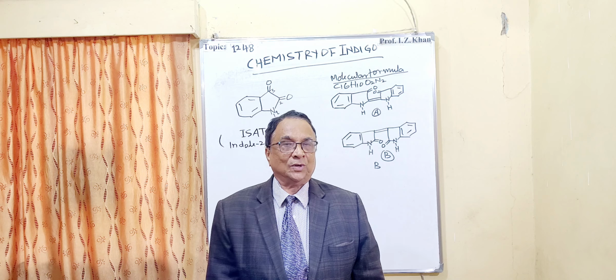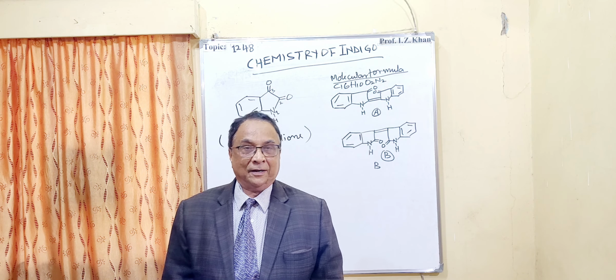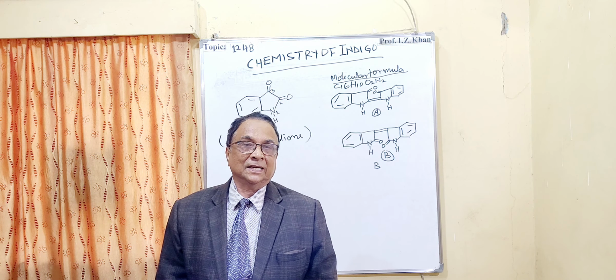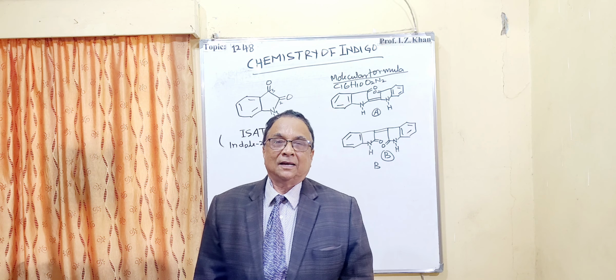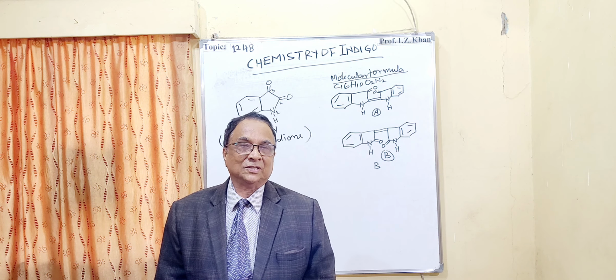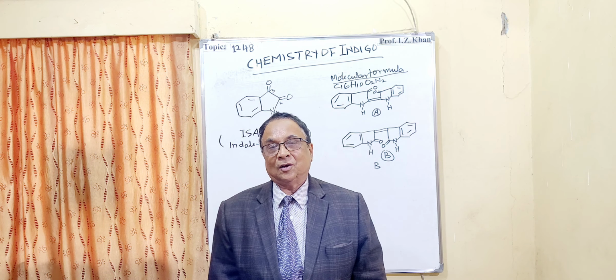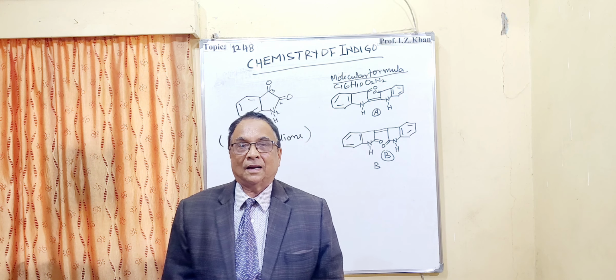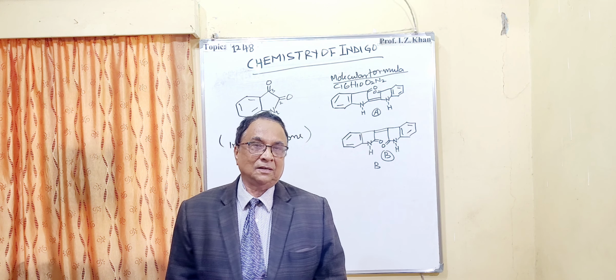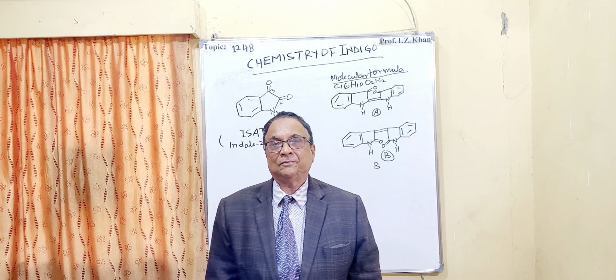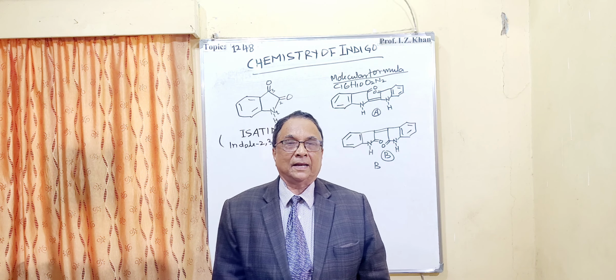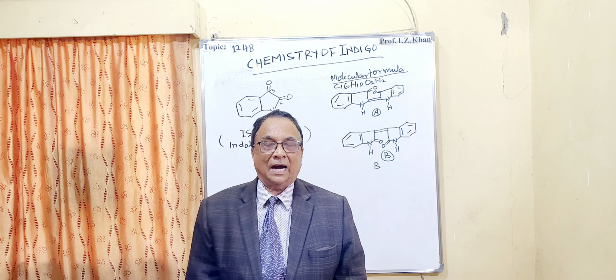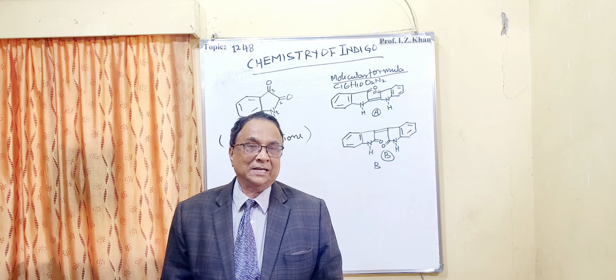It is isolated from one of the tropical plants, that is Indigofera species. And this Indigofera plant, the one which is known as Indigofera tinctoria, is actually a rich source of this blue dye, and it also has some medicinal importance.